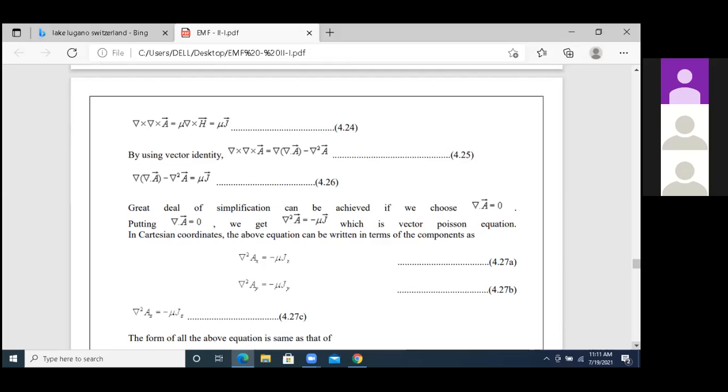So if you digest that, it's straight maths using the vector identities.